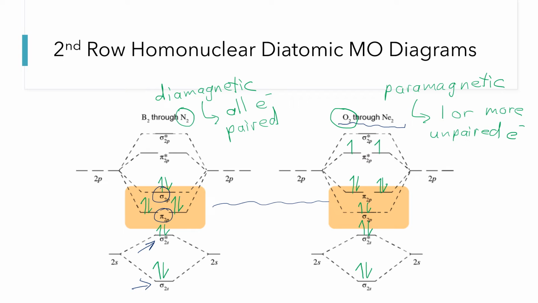Basically, things that are diamagnetic look like they don't really interact with a magnetic field. Things that are paramagnetic tend to show just a little bit of attraction for that field. So I'm going to ask you to watch a video in a little bit that's based on the fact that nitrogen is diamagnetic and oxygen is paramagnetic.